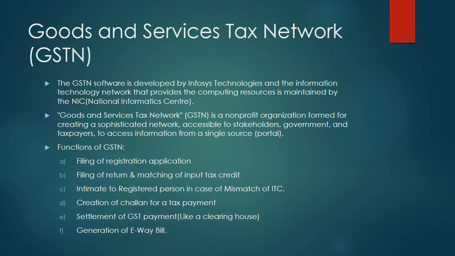So if you are taking an input tax credit and the person who has supplied you the goods has not entered the entry for the goods sold, then there will be a mismatch of input tax credit. Then this will be intimated through this GSTN. So a person can coordinate with the other person so that all the entries in the GSTN can be made from both the sides.